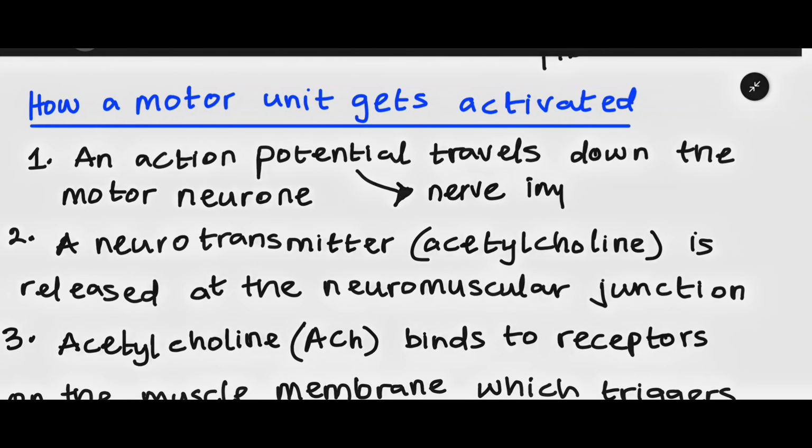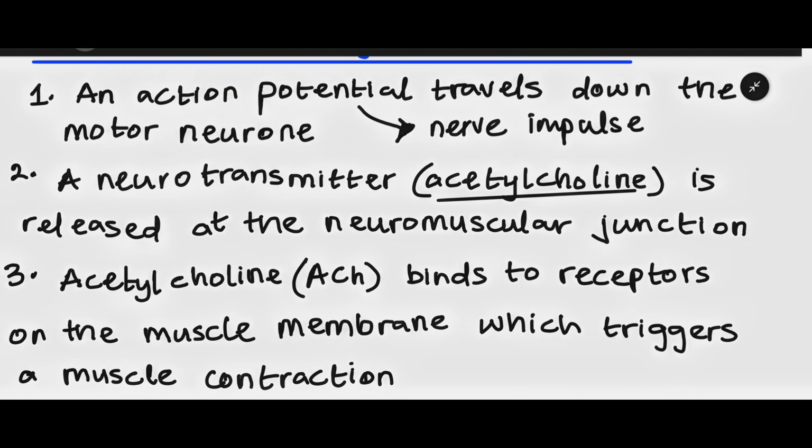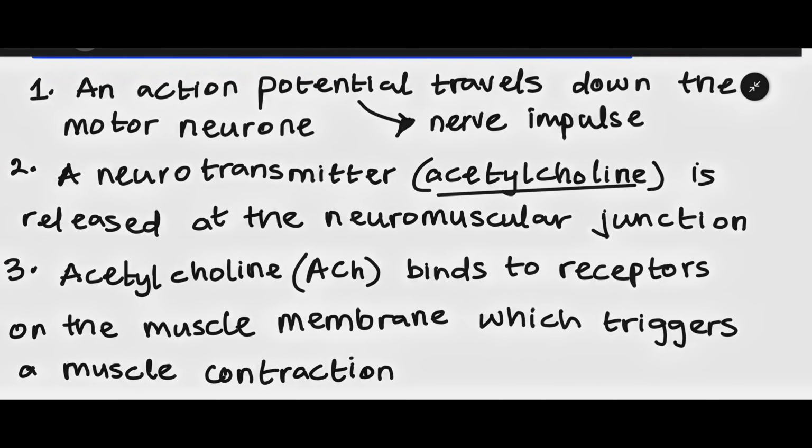So an action potential travels down the motor neuron and it causes a neurotransmitter to be released at the neuromuscular junction. This neurotransmitter is called acetylcholine, very important substance. It's released at the neuromuscular junction, and this helps the nerve impulse to be able to travel from the motor neuron into the actual muscle fibers, which triggers a muscle contraction.